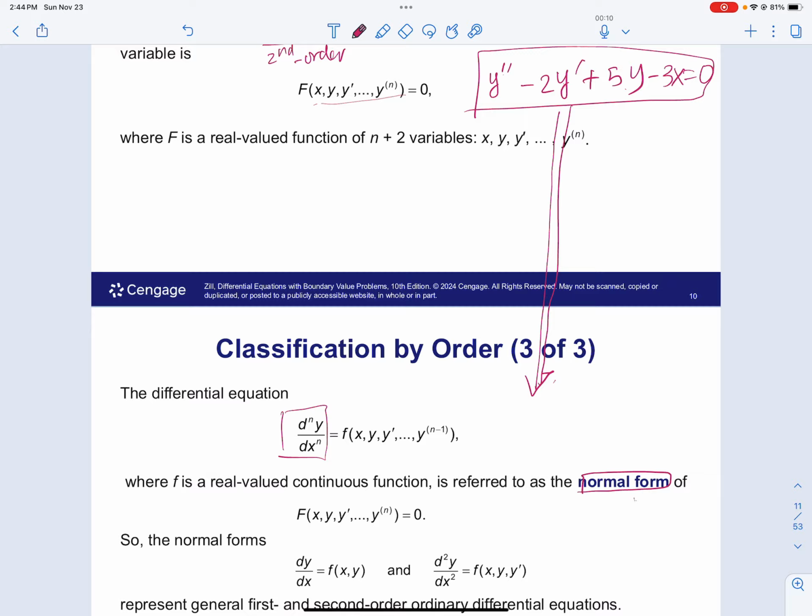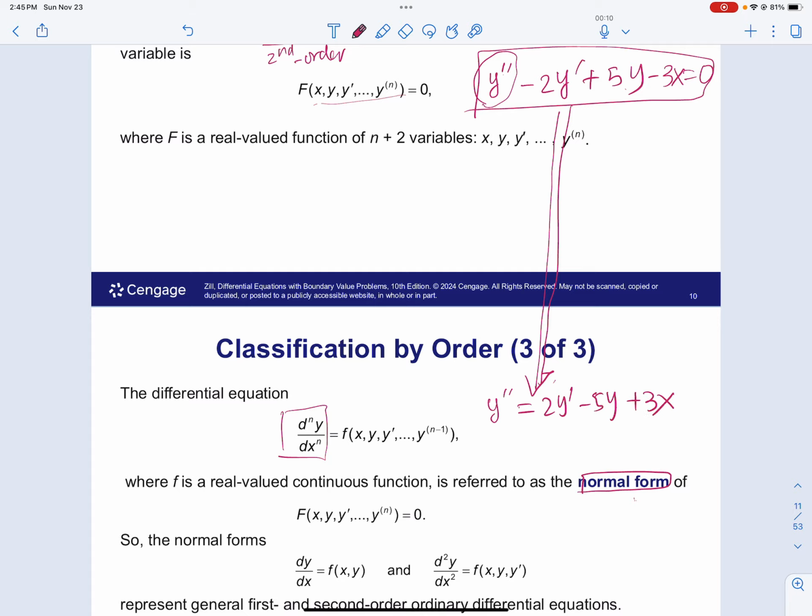What is the order of the above equation? It must be 2. It's a second derivative, so it must be 2. And then what do we want? We wanted to isolate y double prime on one side and move all the other terms to the other side, meaning 2y prime minus 5y plus 3x.